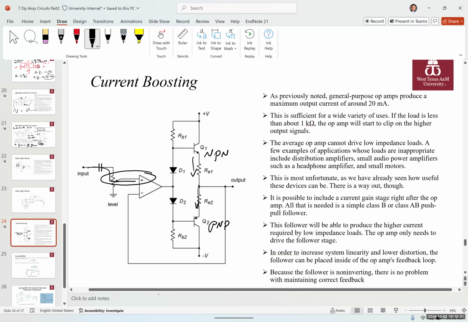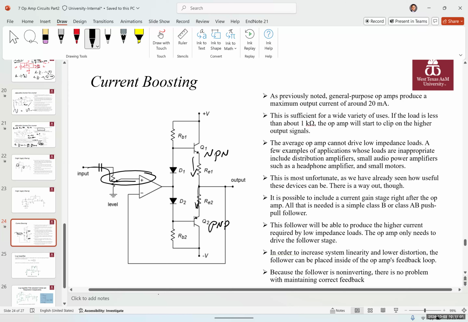When we have a non-inverting op amp, the output and the input are in phase, so we won't have any feedback issues, because the transistors are going to create a little bit of delay. If we have an inverting amplifier, that's going to cause a little bit of a problem. But since this is non-inverting, there's no problem maintaining the correct feedback in the system.